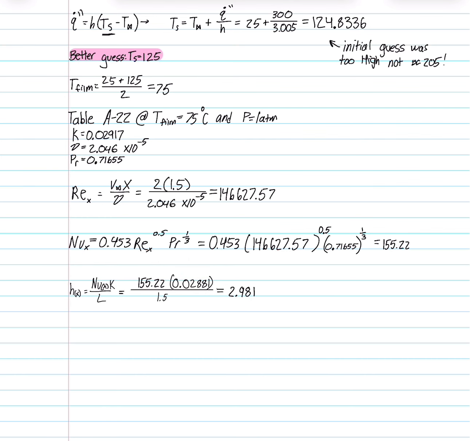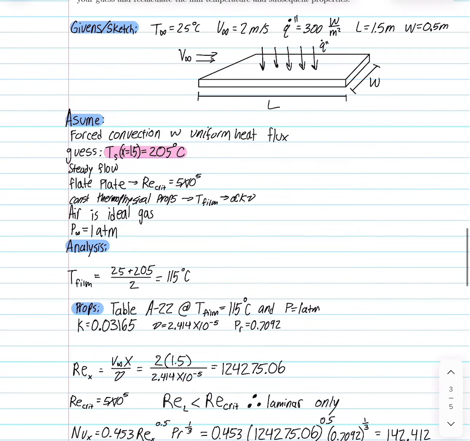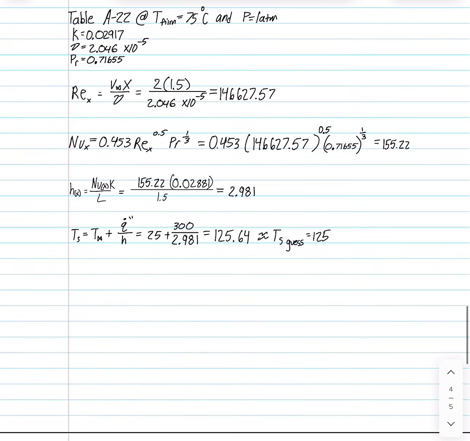We get a different Nusselt number, and we plug the Nusselt number into the heat transfer coefficient equation using the same length. The only difference now is the initial guess for the surface temperature. So now we resolve for the surface temperature to confirm using the known heat flux.